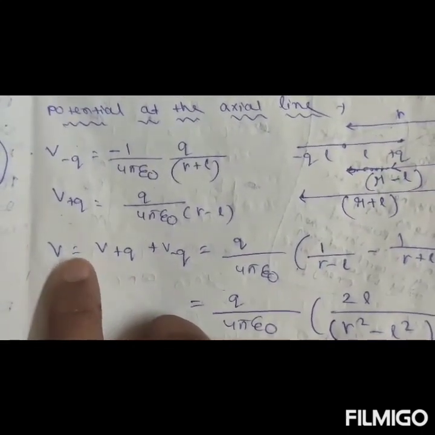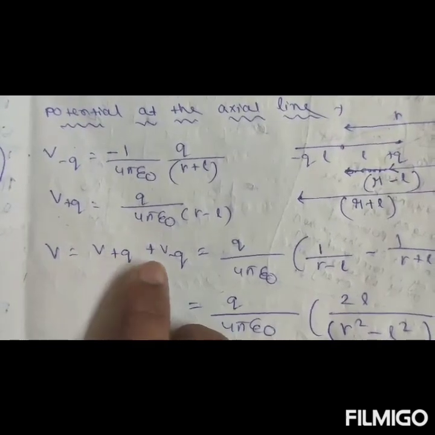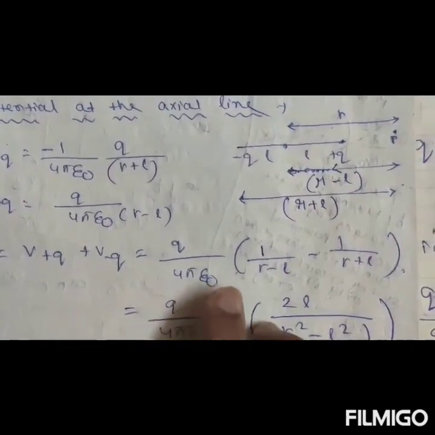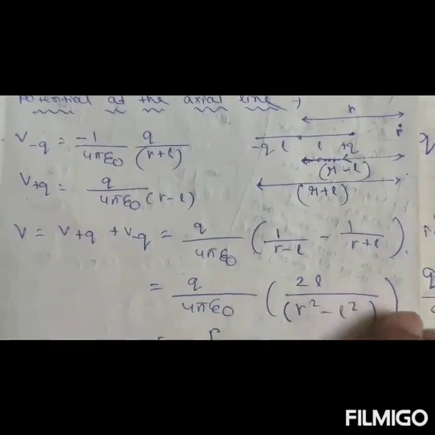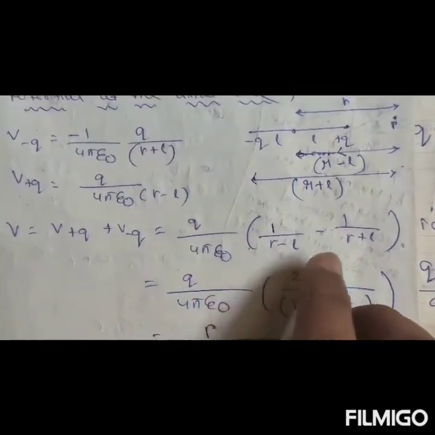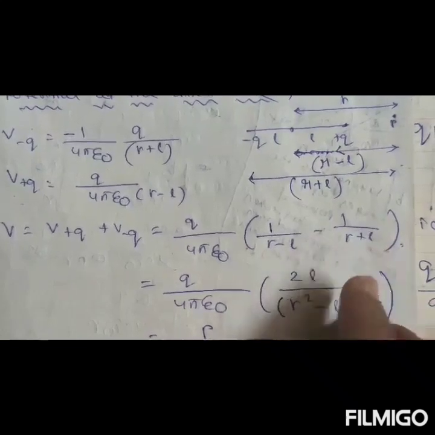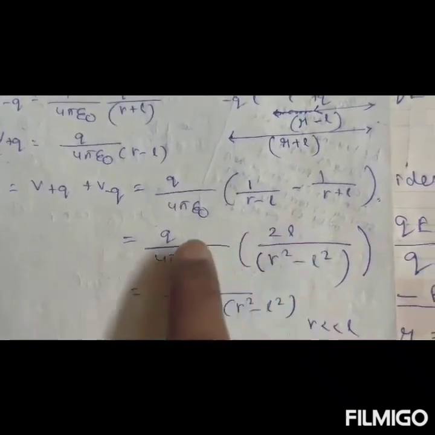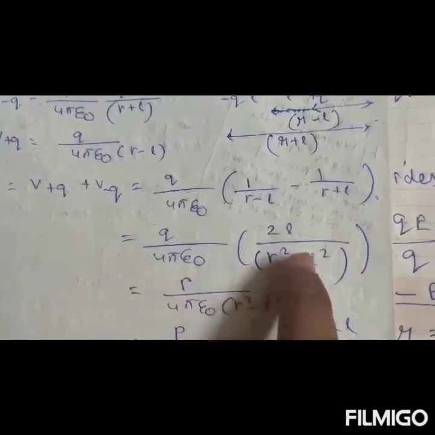So V equals V plus q plus V minus q. Taking q by 4 pi epsilon naught outside, you get 1 by R minus L minus 1 by R plus L.